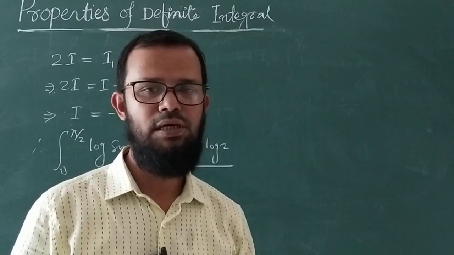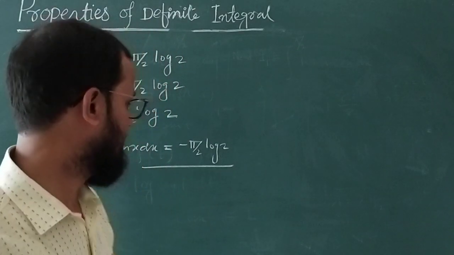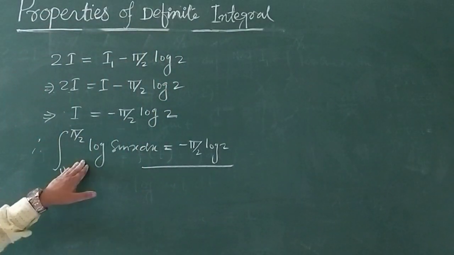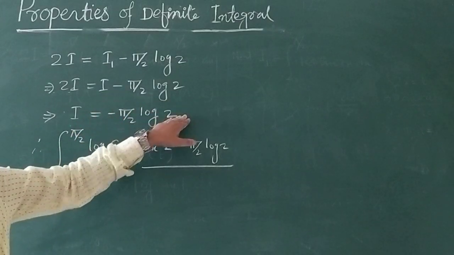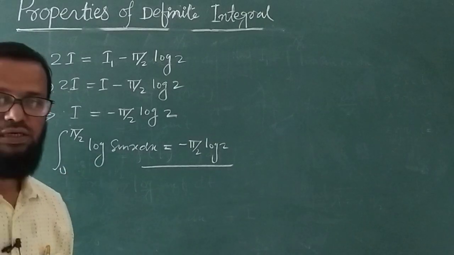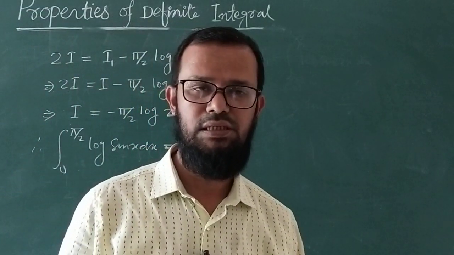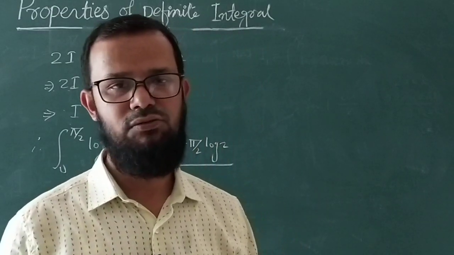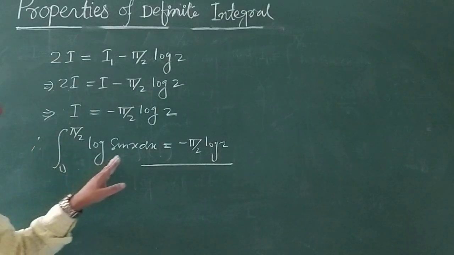First, 0 to a f(x) dx is equal to 0 to a f(a minus x) dx. Then the property I discussed at the start of the class: integration 0 to 2a f(x) dx is equal to 2 into 0 to a f(x) dx, when f(2a minus x) is equal to f(x). Using these two properties I have solved this problem.